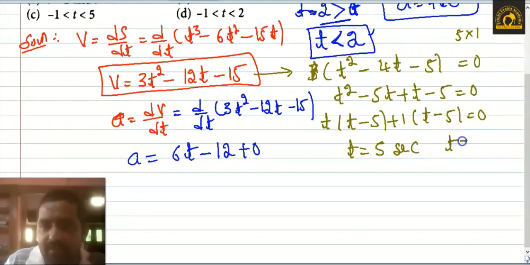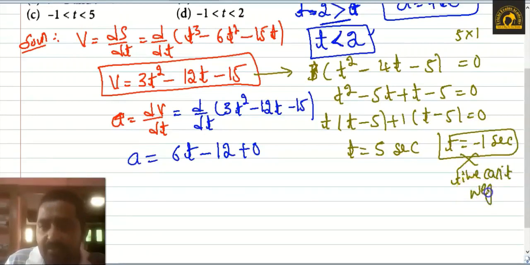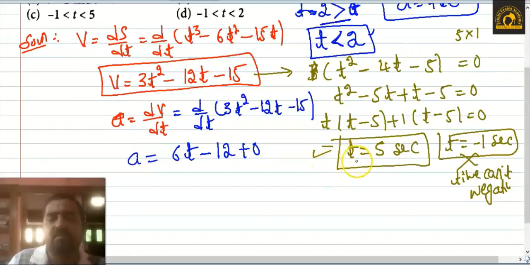Then the time is equal to minus 1 second, but time cannot be negative. So the time is positive, that is 5 seconds. So you have to put 5.